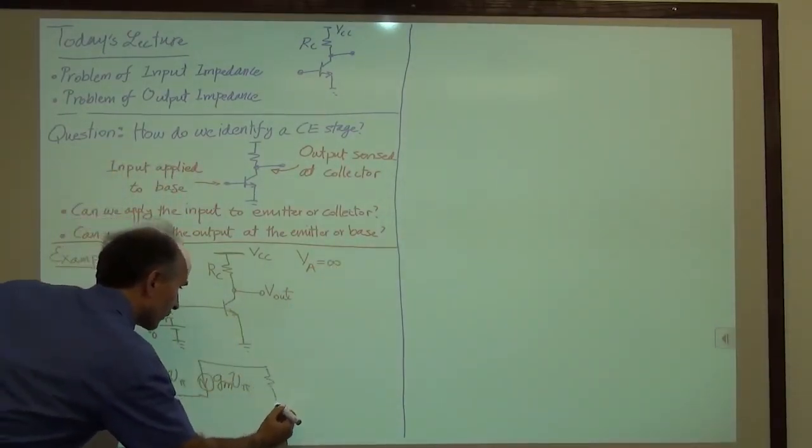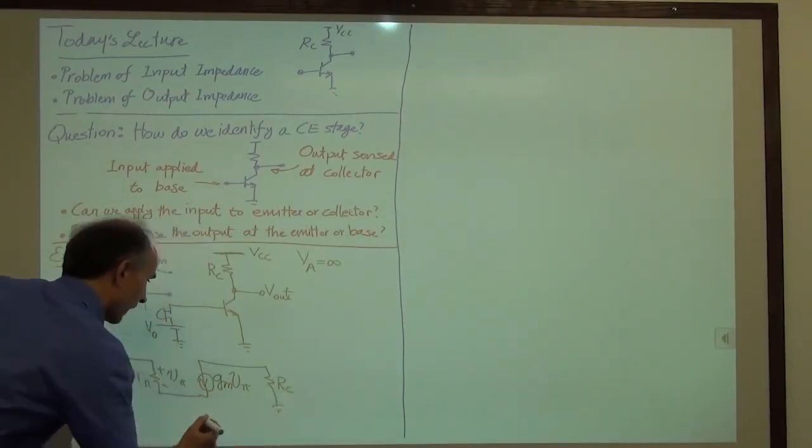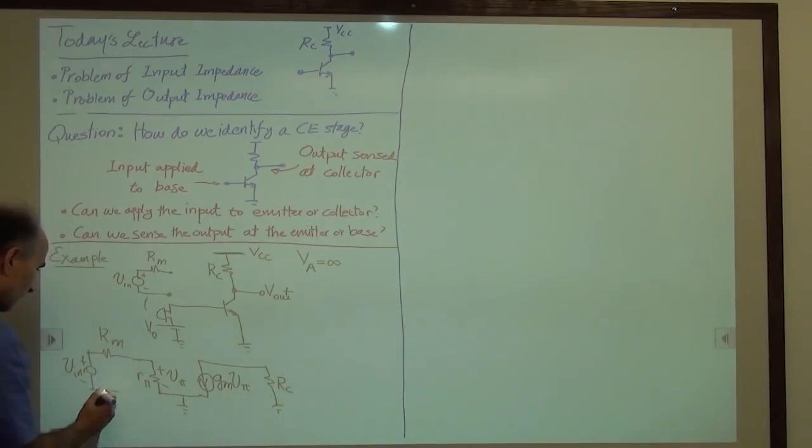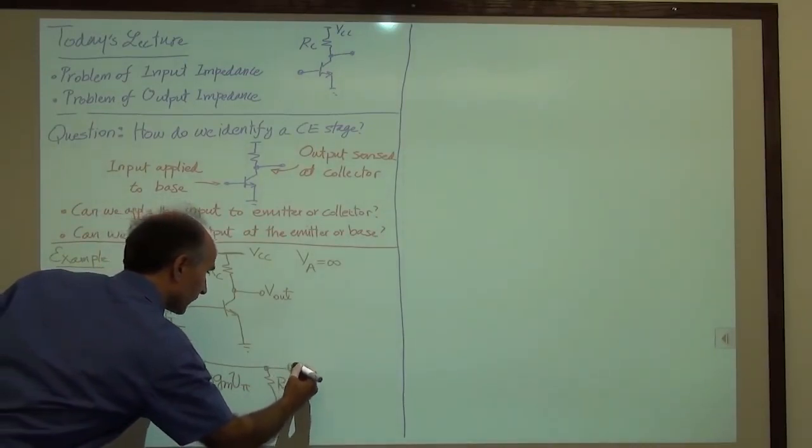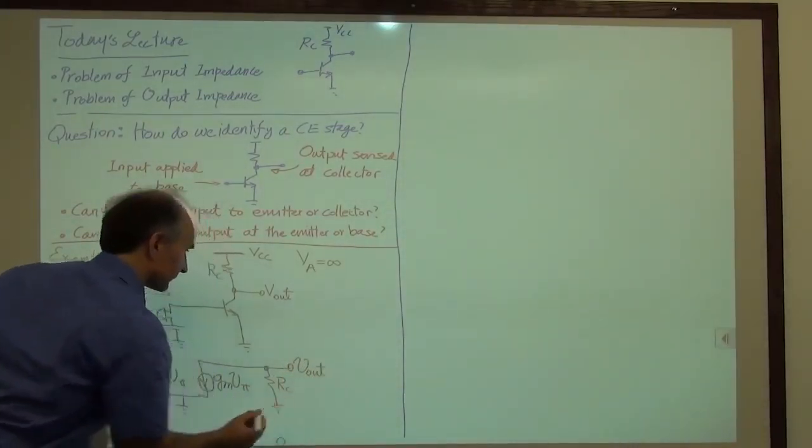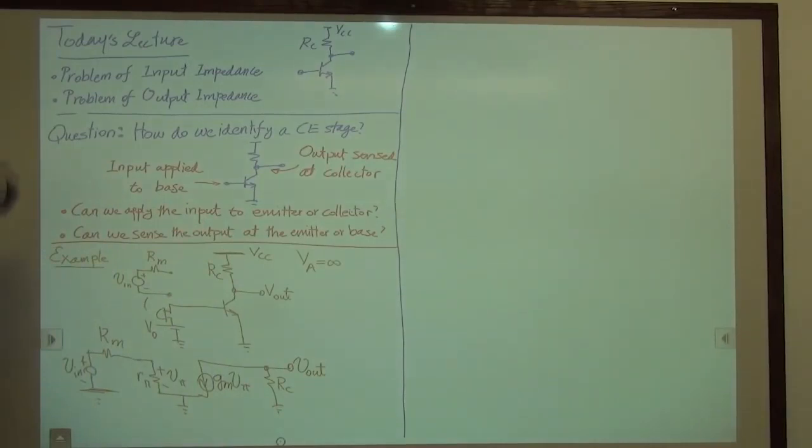And then we have RC, which goes to ground, and the emitter of course goes to ground, and this also goes to ground. And the output voltage, the small signal output voltage, is sensed out here. So we would like to find V out over V in in this case, and see how similar it is to the previous case where Rm was considered 0 and the gain was equal to minus Gm times Rc. All right, so our objective is to find V out over V in.